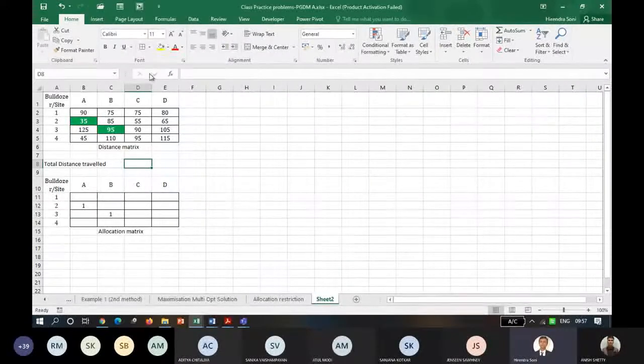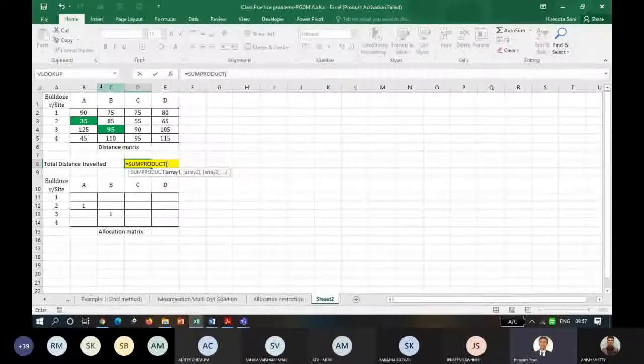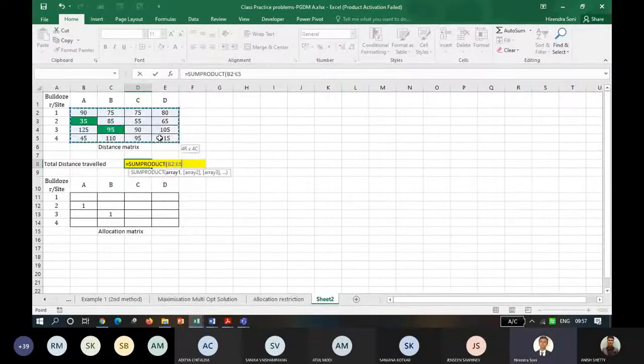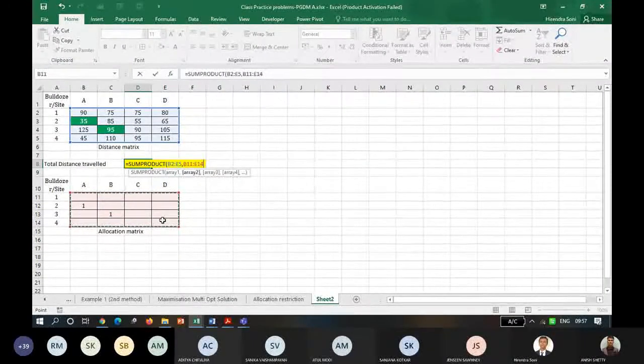So in this cell I will write equals SUMPRODUCT of this array and this array. Okay, SUMPRODUCT of the distance matrix and the allocation matrix.